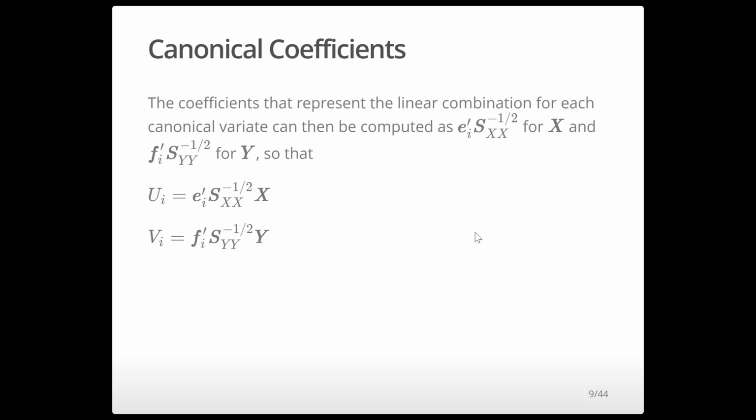So for each eigenvector E_i, transpose it and multiply it by S_XX inverse root. Those are the coefficients associated with each canonical variate for X, and then for Y it would just be the F eigenvectors transposed times S_YY inverse root.